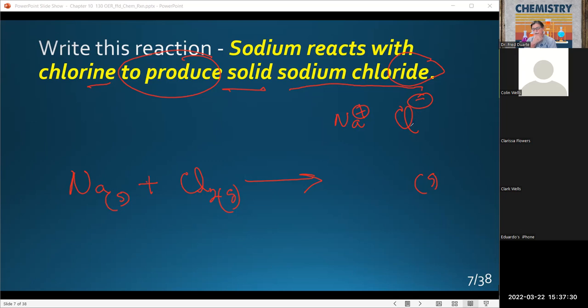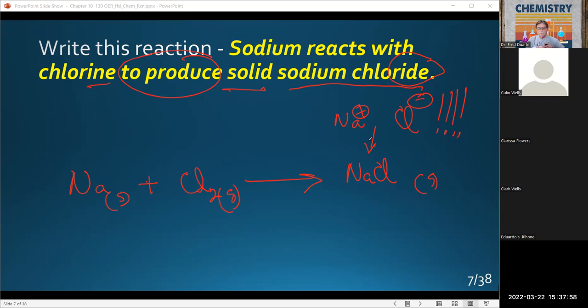So that's the ionic form of the sodium ion and the chloride ion. Now we put them together and we can see it's a straightforward 1-to-1, and so the formula would be simply NaCl. That's why it's important that we put them in ionic form first, to make sure that we are able to write the correct formula.